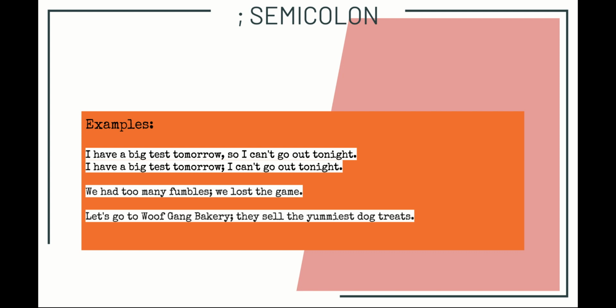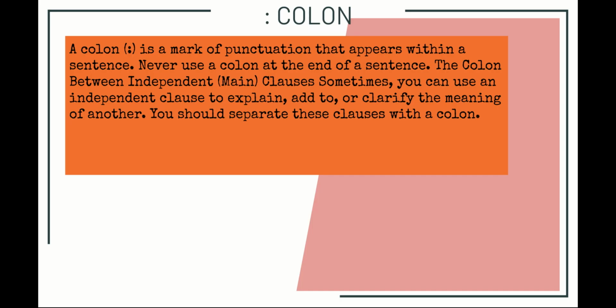Let's go to Wolfgang Bakery; they sell the yummiest dog treats. So notice I could put a period there, but the semicolon just connects them together and shows the audience that they are related. So that's some ways that you can use a semicolon. There are other ways. If you would like to look more into it, you can look it up.